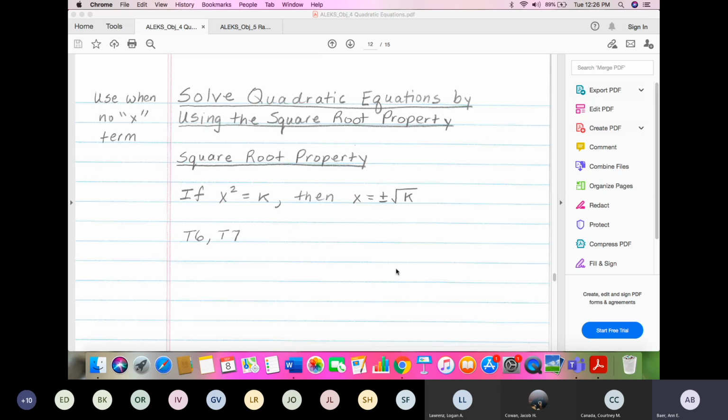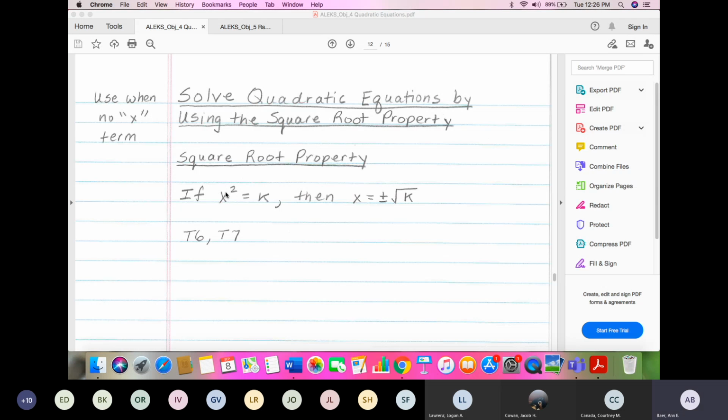So anyway, let's look here at solving quadratic equations by using the square root property. So what is the square root property? What does it say? It says if x squared equals a number, then how do we solve for x? X is plus or minus the square root of that number. So what undoes squaring?